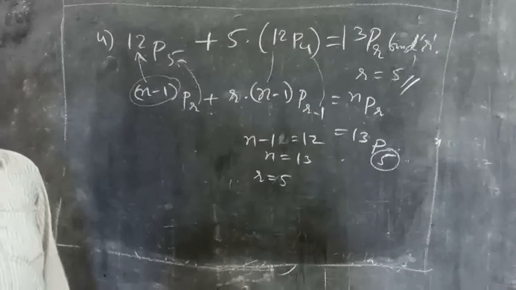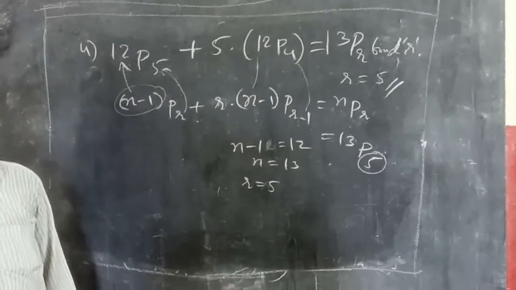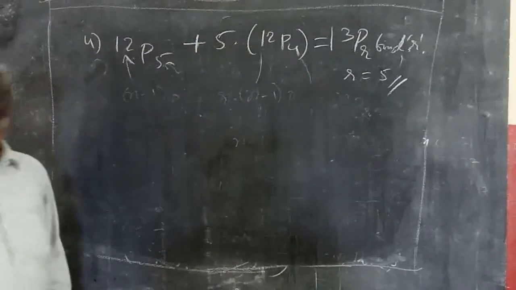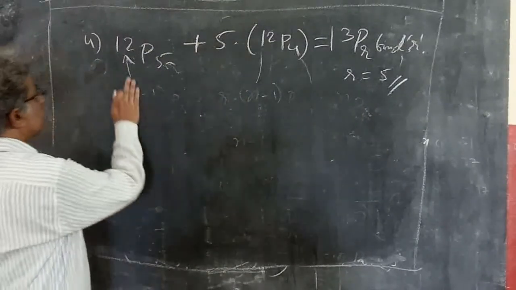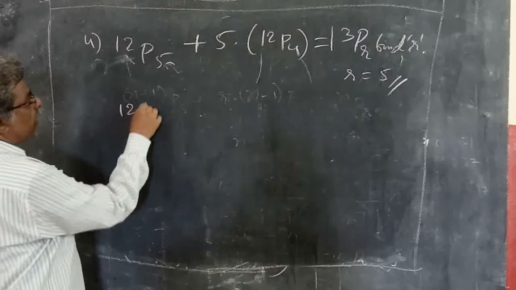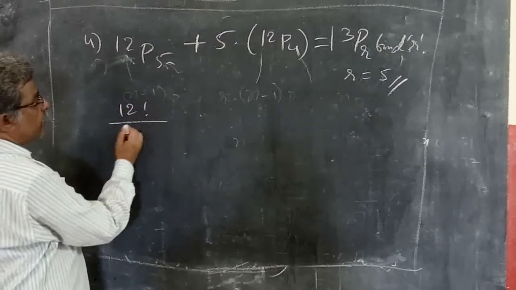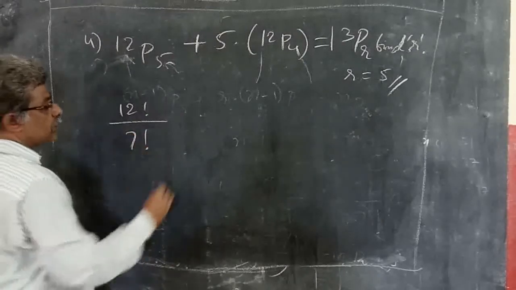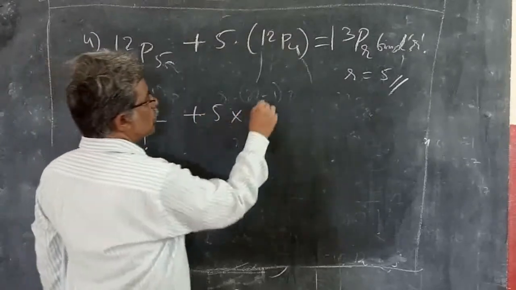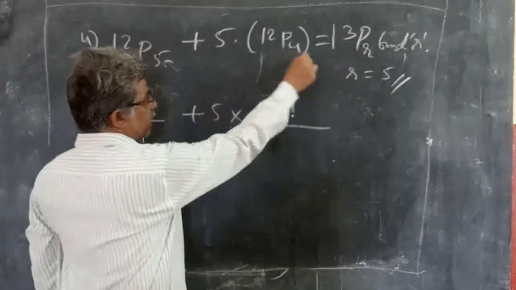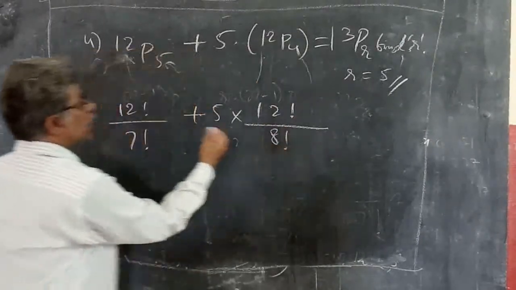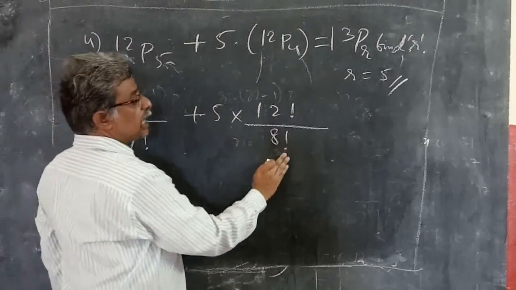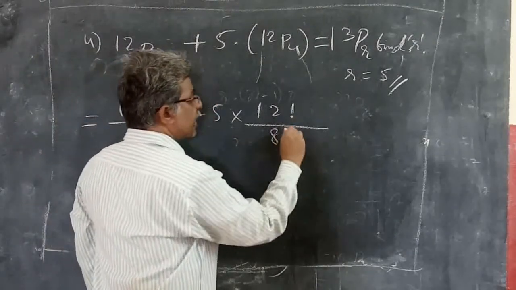Now we will discuss simplification, how to do the same sum with simplification. 12P5 you can write as 12 factorial by (12-5) factorial, 7 factorial, plus 5 into 12 factorial by (12-4) factorial, 8 factorial. Now this 8 factorial I will write as 8 into 7 factorial.